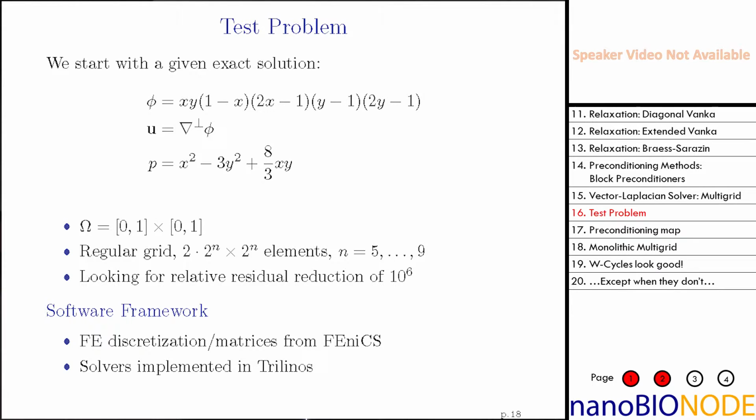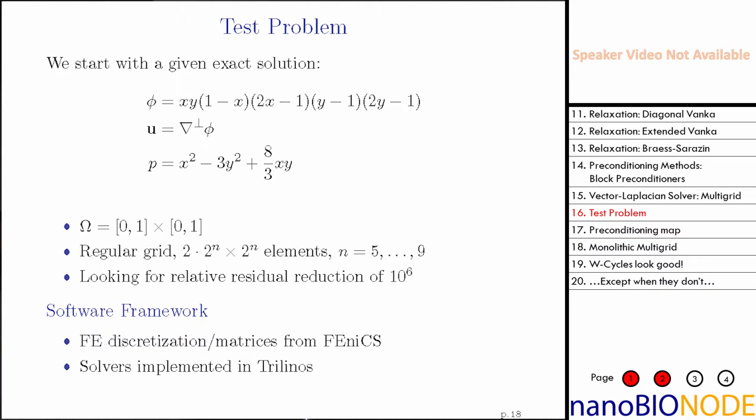And we're going to look at it on a square domain where we have 2 to the n by 2 to the n squares. And then we're going to divide each square into triangles. So that's why you get the factor of 2 sitting in front. And so we're going to go from a 32 by 32 grid up to a 512 by 512 grid. And then we're looking for a relative residual reduction of 10 to the minus 6 for our stopping tolerance.